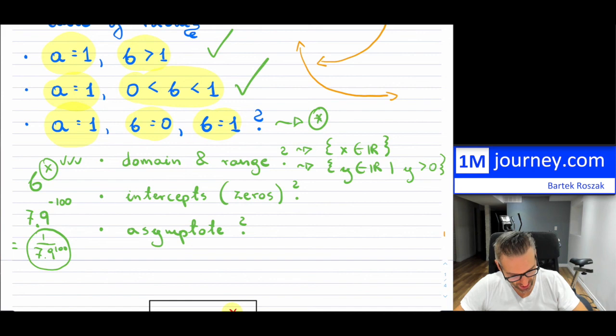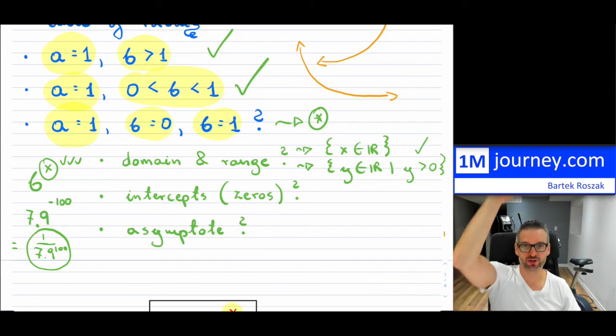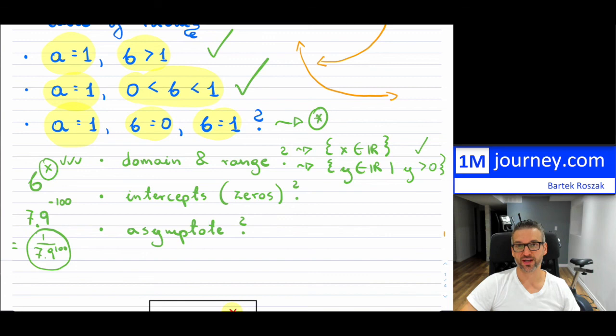That's why your range is never 0. It's always above 0, and it just skyrockets up. And it doesn't matter if the base is greater than 1 or between 0 and 1. In both situations, that's what your range will be.